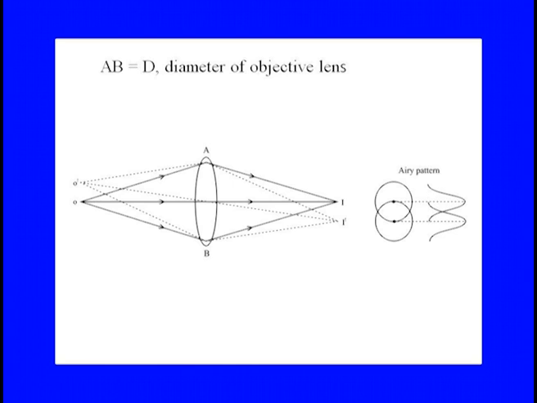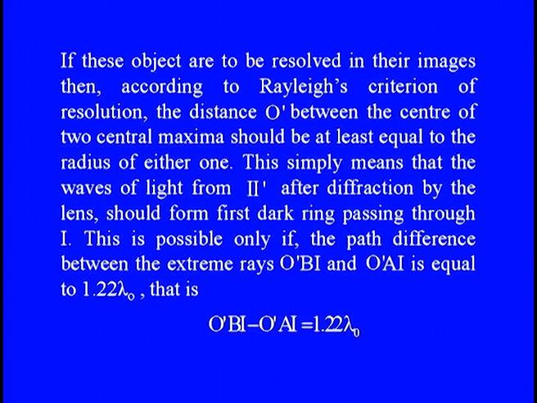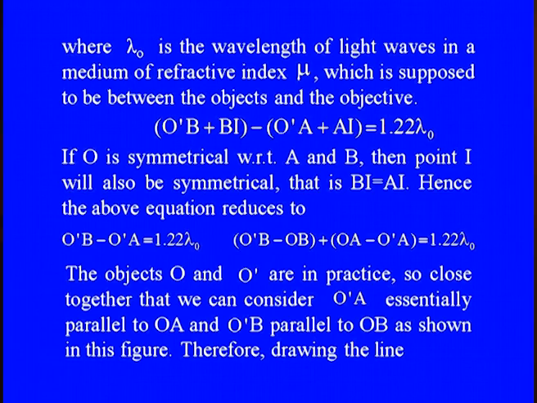This simply means that the waves of light from O prime after diffraction by the lens should form the first dark ring passing through I. This is possible only if the path difference between the extreme rays O prime B I and O prime A I is equal to 1.22 lambda, that is, O prime B I minus O prime A I is equal to 1.22 lambda, where lambda is the wavelength of light waves in a medium of refractive index mu, which is supposed to be between the objects and the objective.